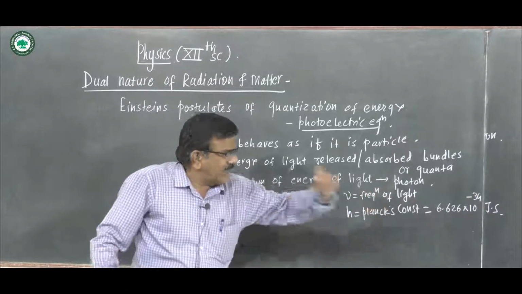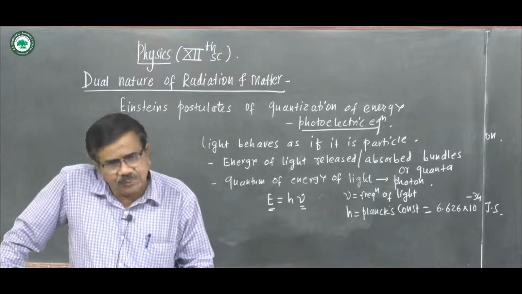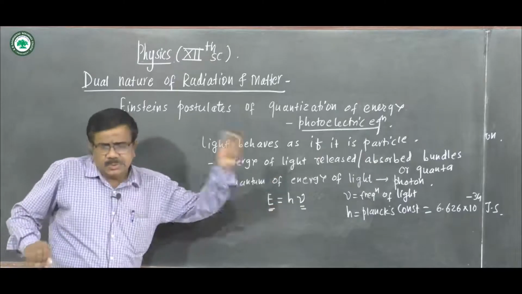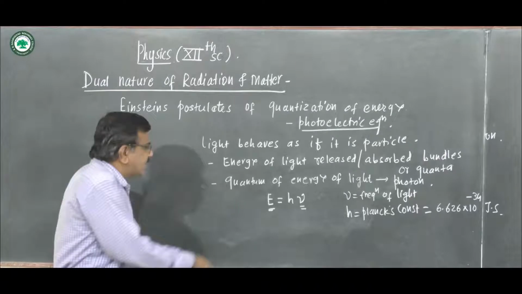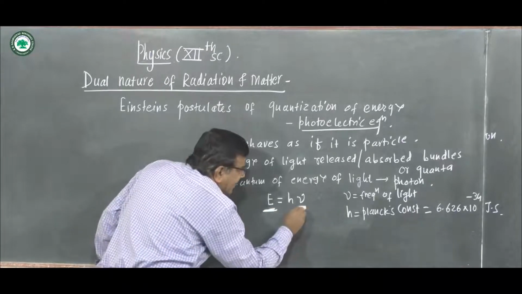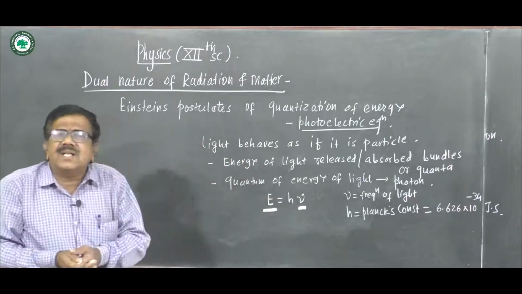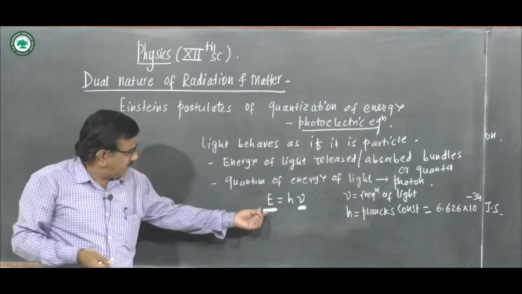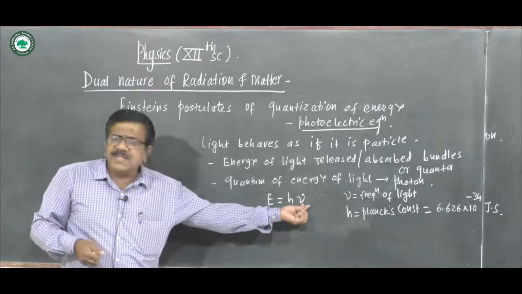Now this E equal to h nu is the relation between particle-like nature, that is energy, and wave-like nature, that is frequency. This relation relates the particle nature and the wave nature.